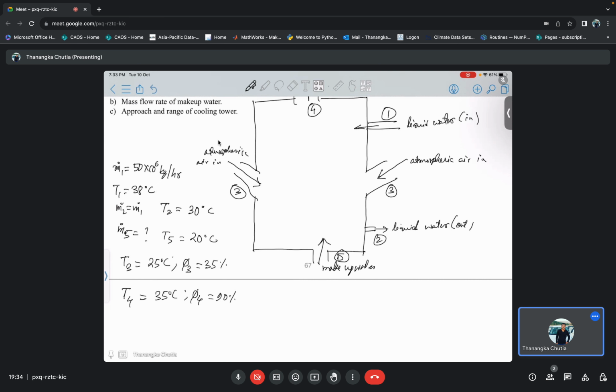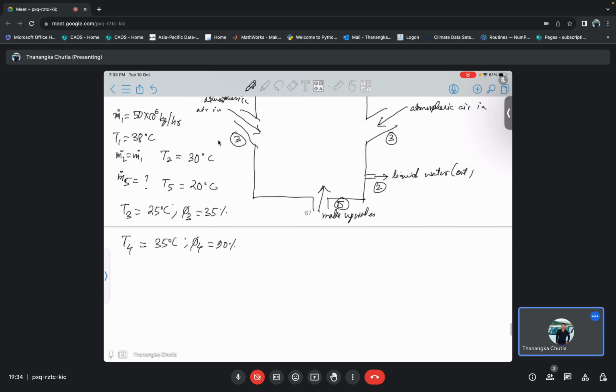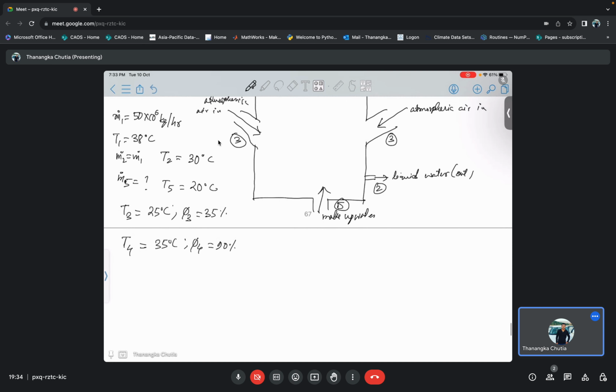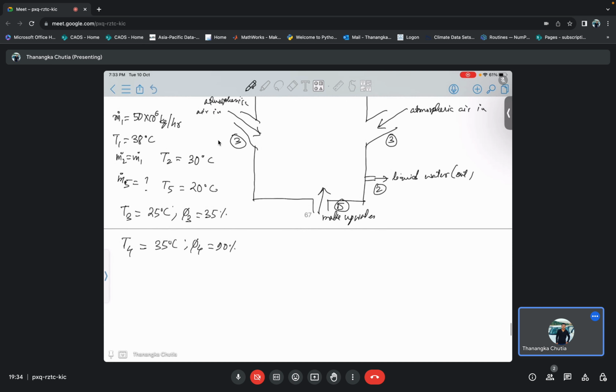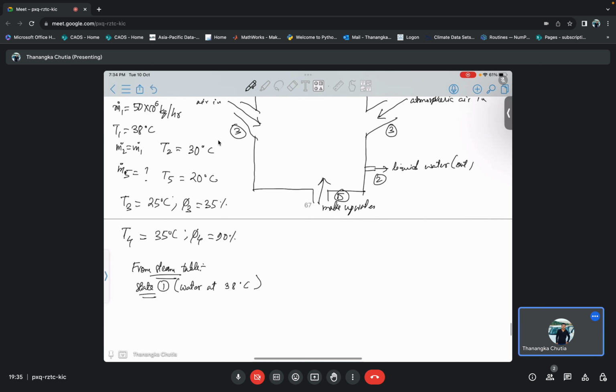So now from the steam table, state 1, that is water at 38 degrees Celsius, hf1 is equal to 159.2 kilojoule per kg.